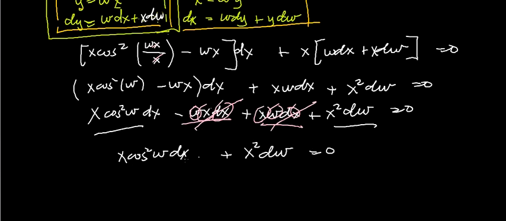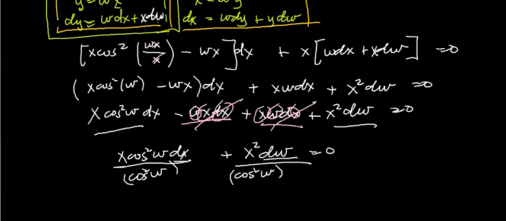So we need to separate x from w. We have x and dx here, so we need to divide this by cosine squared w. And since we've divided this by cosine squared w, we also need to divide the other term by the same.